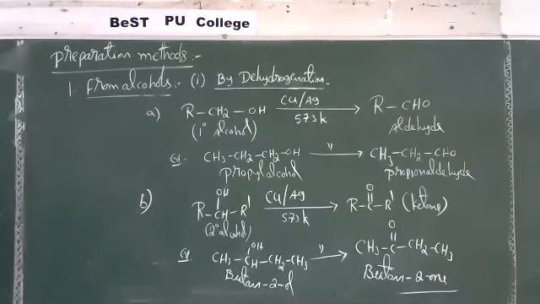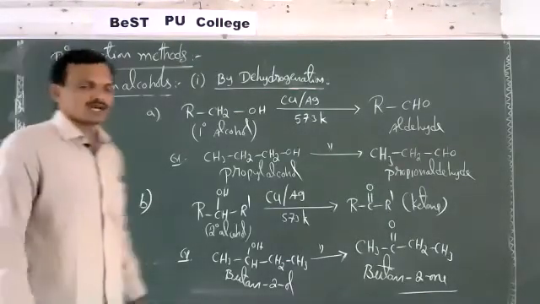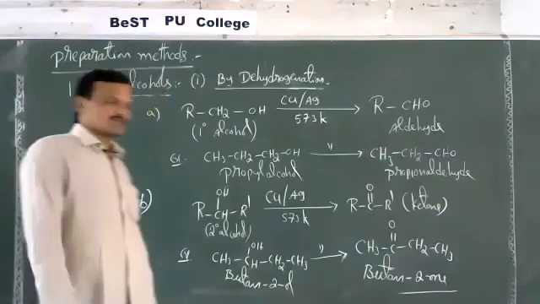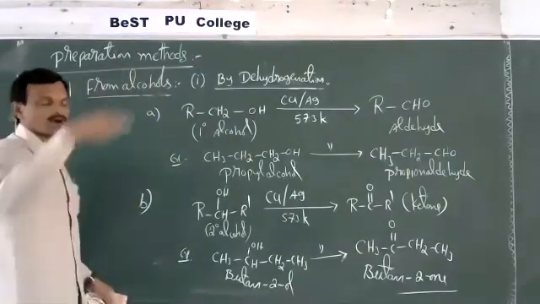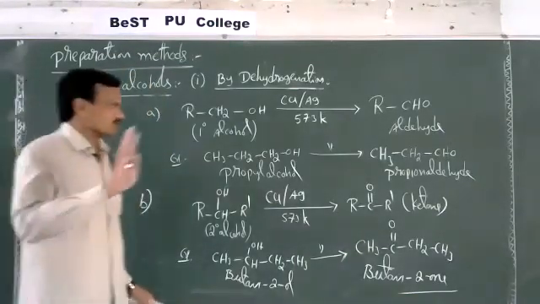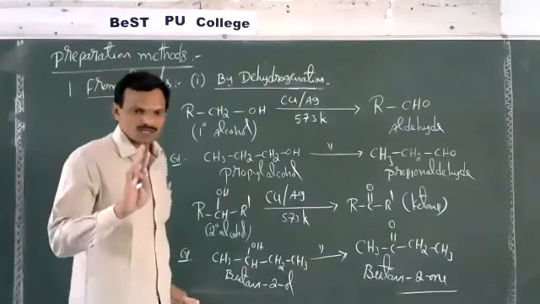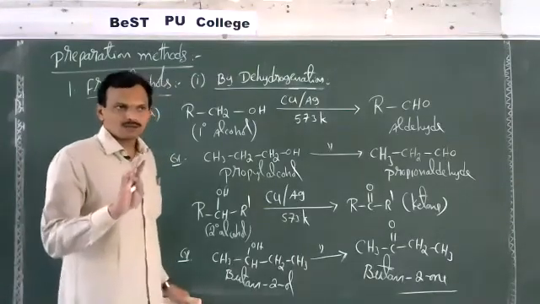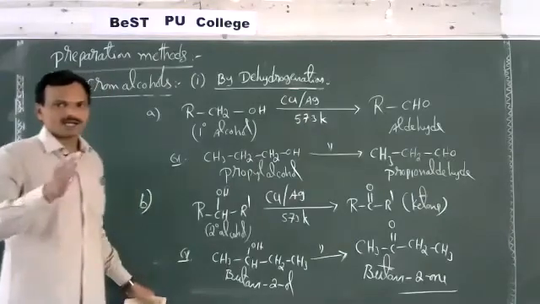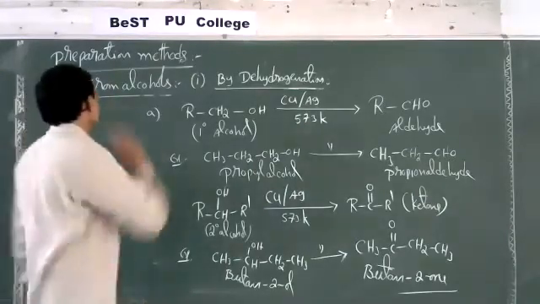Oxidation of tertiary alcohol cannot take place easily, whereas tertiary alcohols do not undergo dehydrogenation, they undergo dehydration to give alkenes. So from tertiary alcohols we cannot produce aldehydes or ketones.